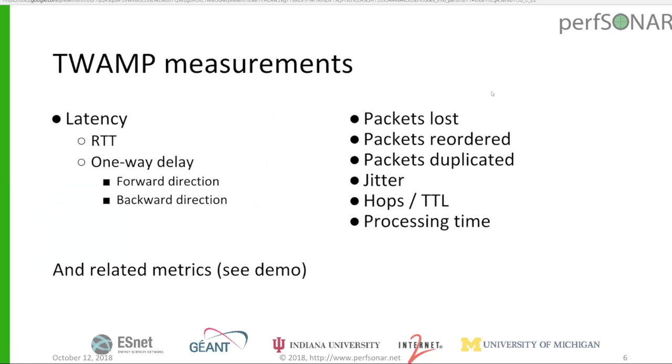That's how it's calculated by TWAMP. You will see it precisely when the CLI demo is done, what are the results presented by TWAMP. Based on the basic values, there are also some related metrics presented when you run TWAMP commands, which are calculated from the list above.